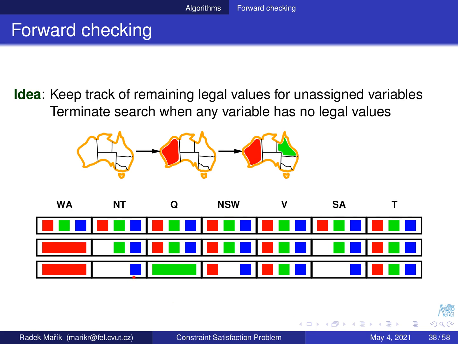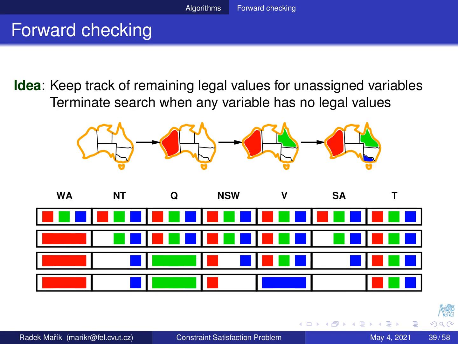Now imagine here we have NT with just the remaining blue and SA with the remaining blue, and they are neighboring regions. So in the next step, if we assign blue to NT, SA is empty, and we know that we don't need to continue because any kind of assignment leads to failure.